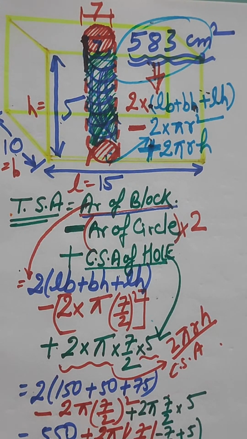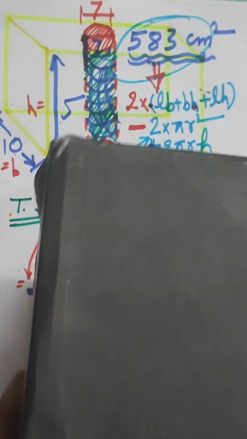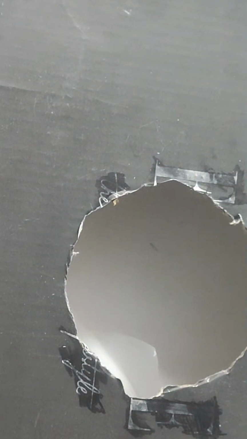I hope you understand how things happen. If this is the solid cylindrical block from which I have drilled a hole, and just penetrated through the bottom of this block, and from the bottom again a circle comes out, as it happens at the top.